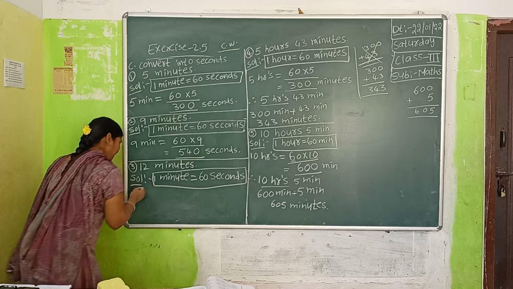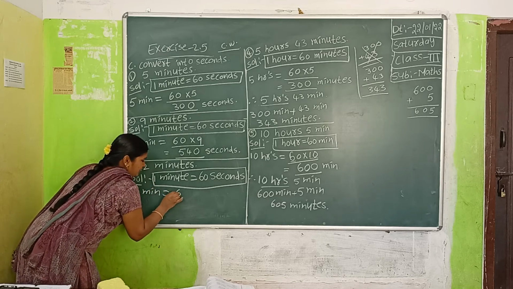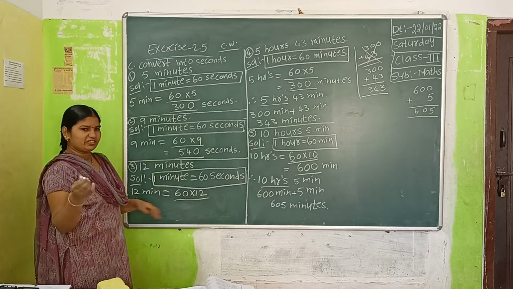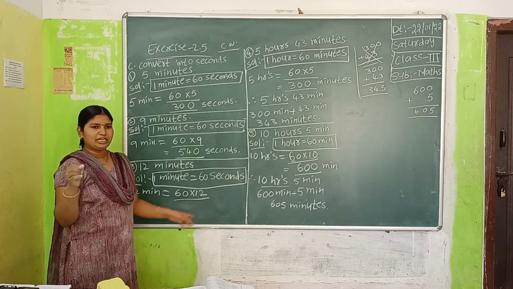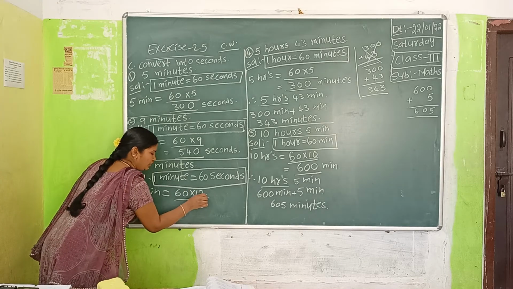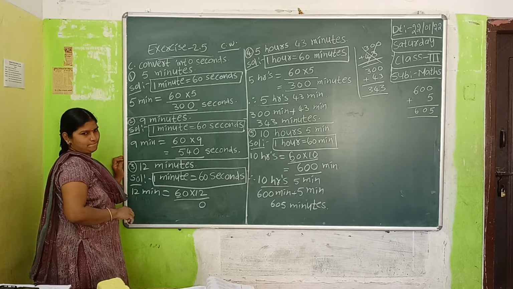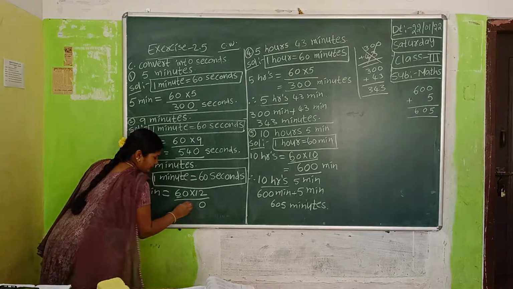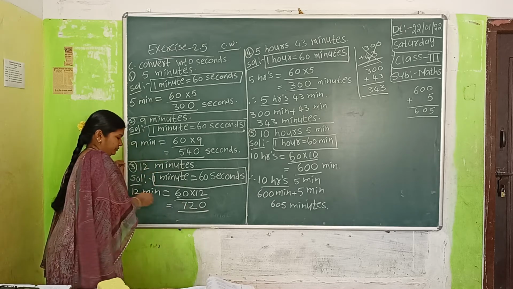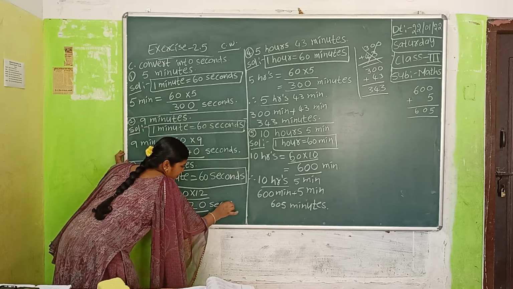Now directly do the multiplication. 12 minutes. 60 multiply with 12. It is a 2-digit multiplication. If you know, directly multiply; otherwise do it 2 times. Now I multiply directly 12 into 0, 0. 12 sixes how much? 12 sixes, 72. 720 what? Seconds.